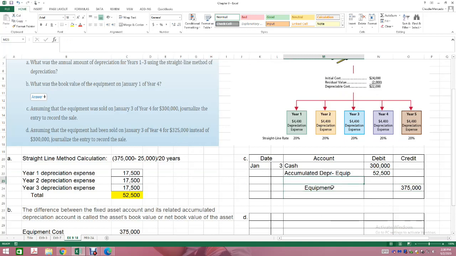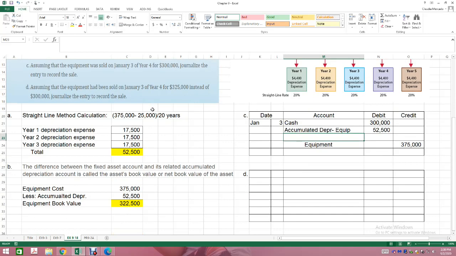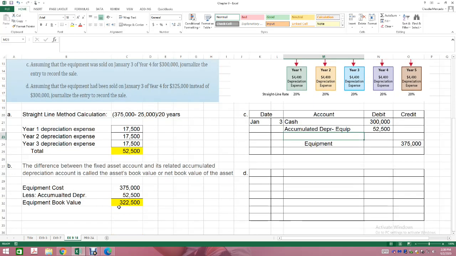Now we need to figure out if we have a gain or a loss on this transaction. Did we sell it for more? Did we sell it for less? It says here that you sold the equipment for $300,000, but according to our book value, our piece of equipment was worth $322,500. So I'm going to do a little calculation here.